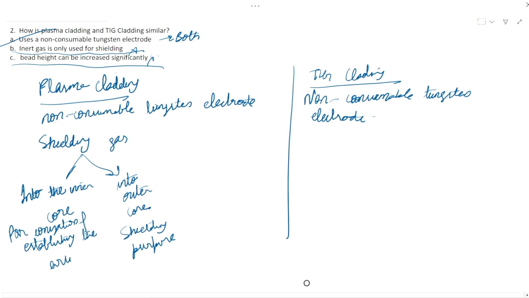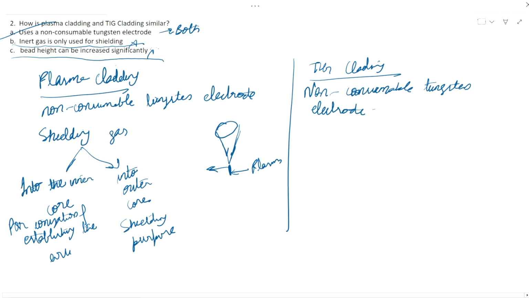Now if we can visualize, suppose consider this is the plasma. From here we get the plasma gas and this is the plasma, this is the plasma gas and we have here a separate shielding gas.